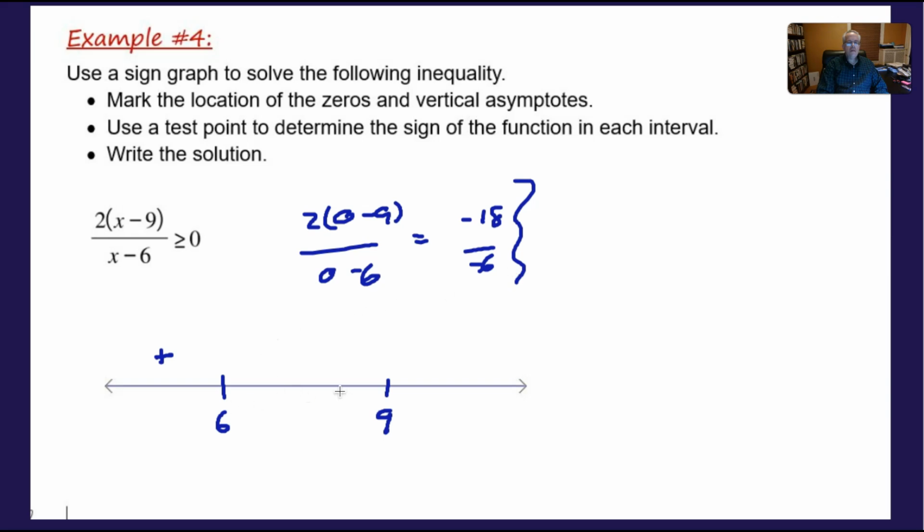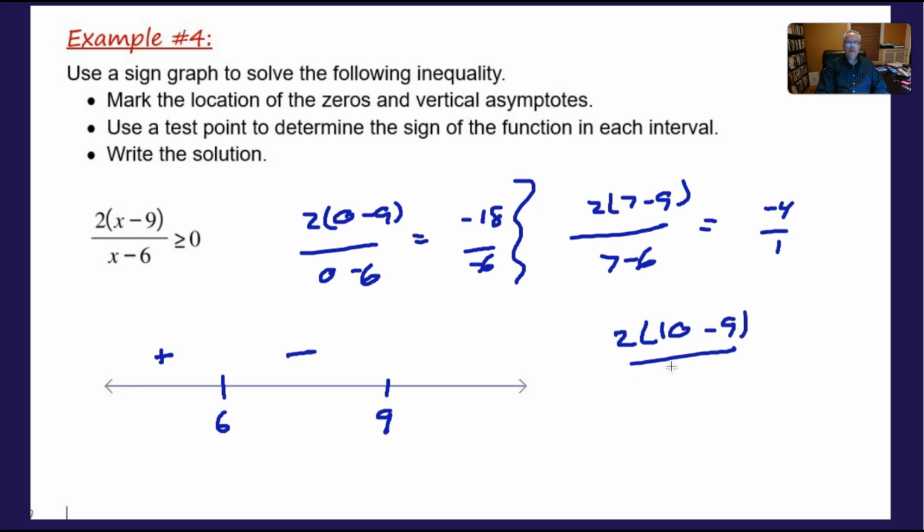If I put in a number between 6 and 9, say 7, we'd have 2 times 7 minus 9 over 7 minus 6. Well, that's negative 4 over 1, which is negative. If I put in a number greater than 9, say 10, I have 2 times 10 minus 9 over 10 minus 6, which is 2 over 4, which is positive.